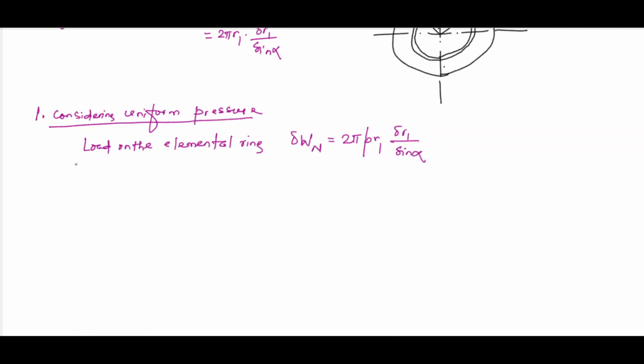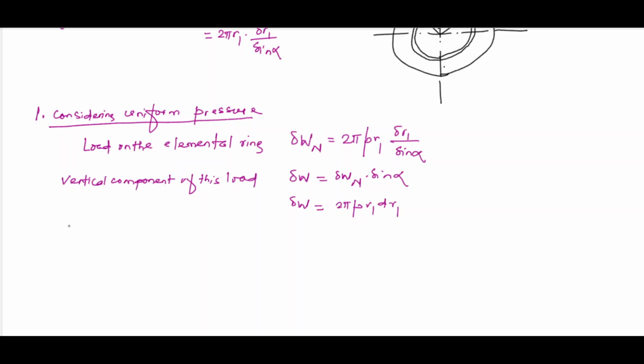So vertical component of this load del W is del Wn, that is normal load into sin alpha. So this del W is 2 pi p r1 dr1.